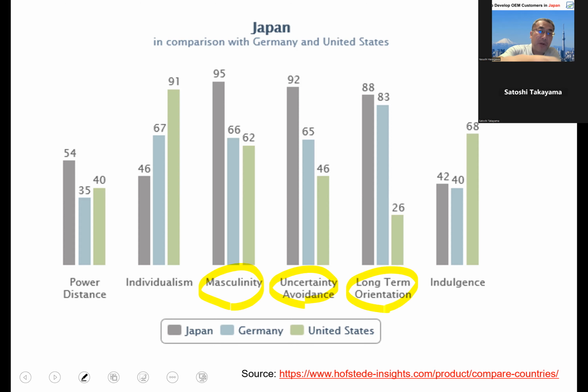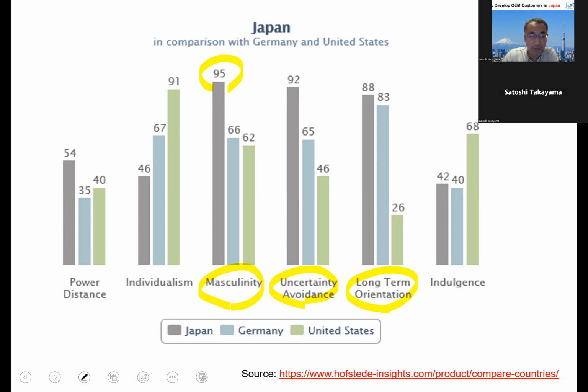The first one, masculinity, shows the culture of organization. We Japanese don't hesitate to keep working until late at night. Sometimes we don't sleep until we have achieved our objectives. It's very masculine, and we are supposed to sacrifice our personal life and family. So that is a typical Japanese culture.